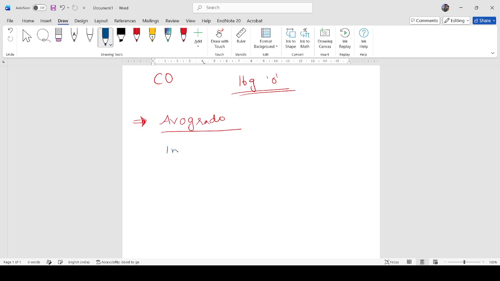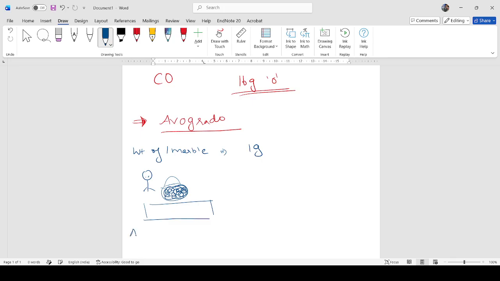Consider that one marble weighs 1 gram. I'm going to a shop. In that shop, I'm taking a polythene cover. In that, I'm placing many marbles. I'm not counting the marbles. I'm just placing many marbles and putting it on the weighing balance.